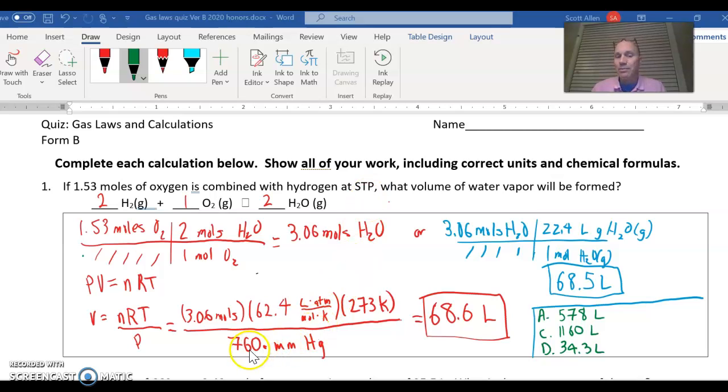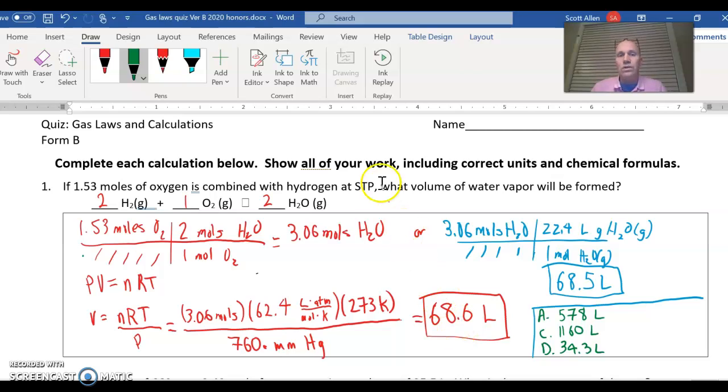I just happen to use millimeters of mercury, so 760 millimeters of mercury. Therefore, I'm going to use this version of R. I could have done this with atmospheres and just used that particular unit of R. This is the temperature for standard temperature and pressure, and I would end up getting this number right here.